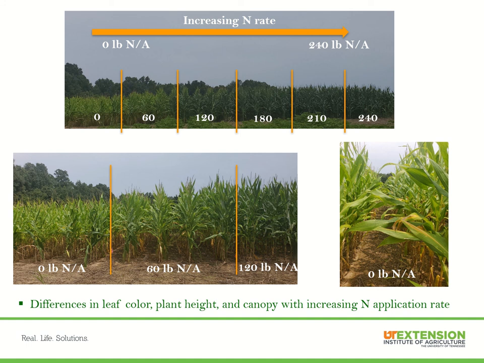The picture you see at the bottom right is your typical nitrogen deficiency symptoms, which we observe at the check plot, that V-shaped chlorosis pattern that we see.